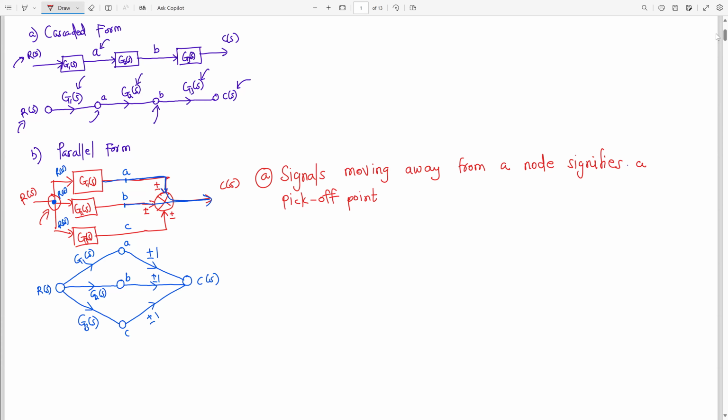So the second postulate is, signals moving to a node signifies a summing junction. You can illustrate that one here.